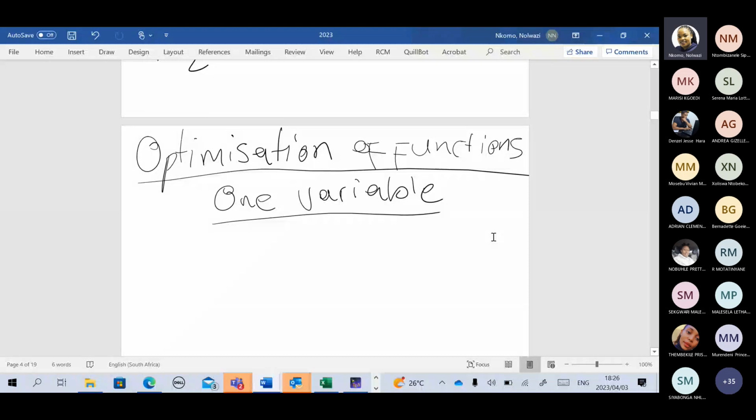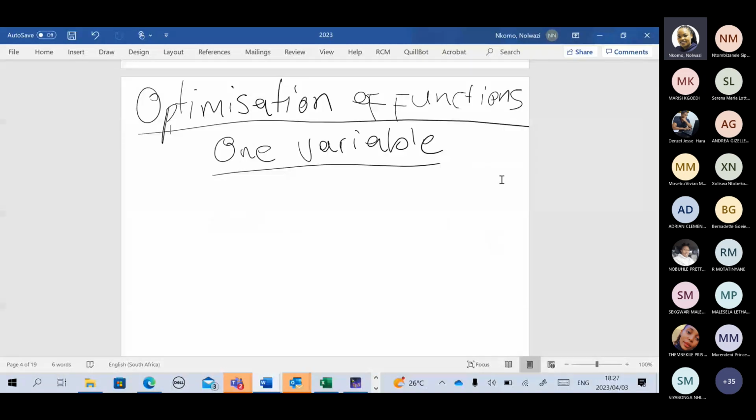Optimization of function in one variable. Okay. Today we're doing optimization, which is just the process of finding the maximum and the minimum point. Remember, we said the aim of this module is to maximize the profit, or to minimize the total cost.